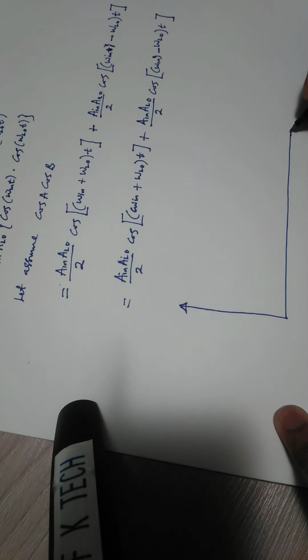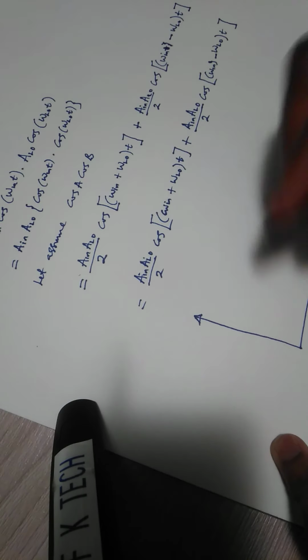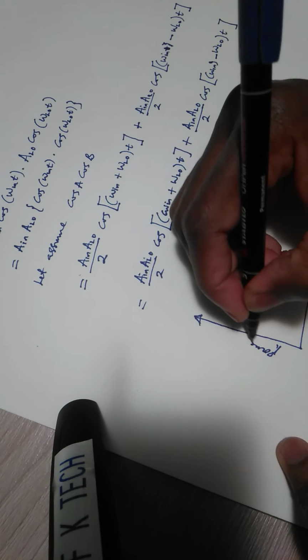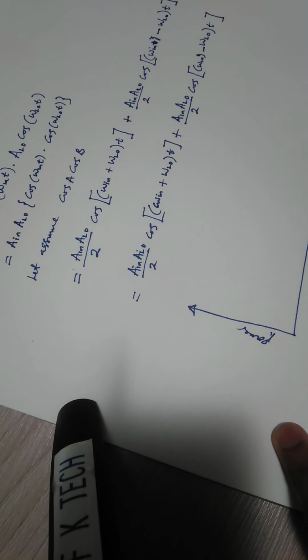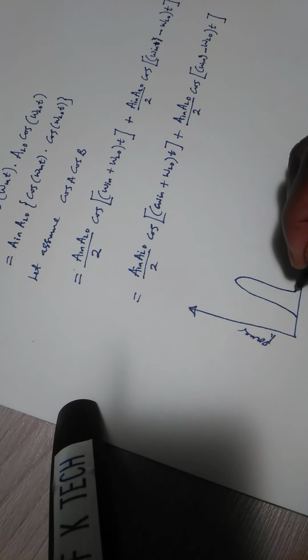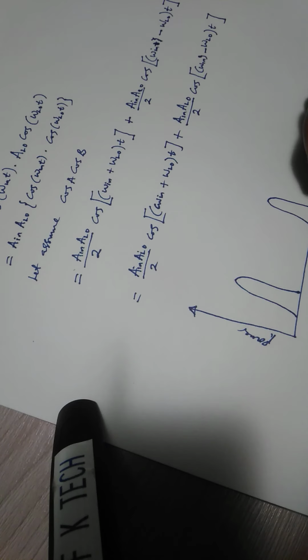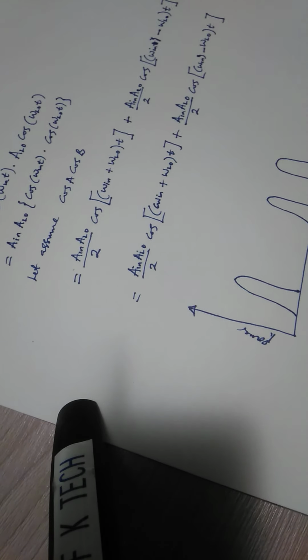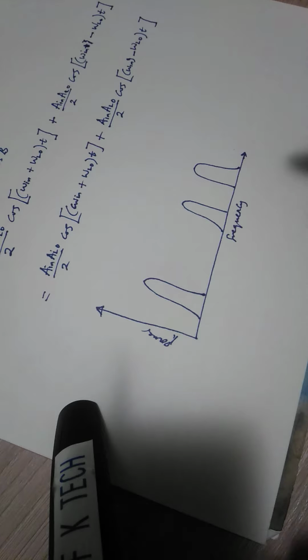Let's say here is the power rail, and this is the frequency axis, or frequency rail, whatever. And here we're going to have something like this. Here also, let's imagine we have something like this.